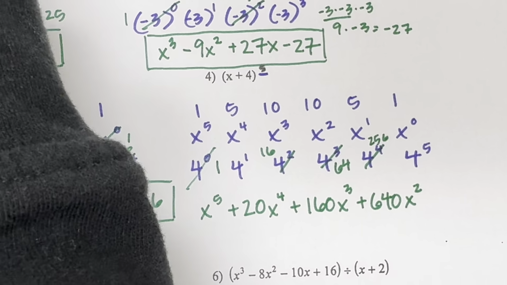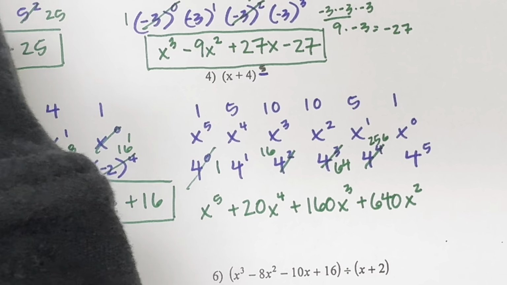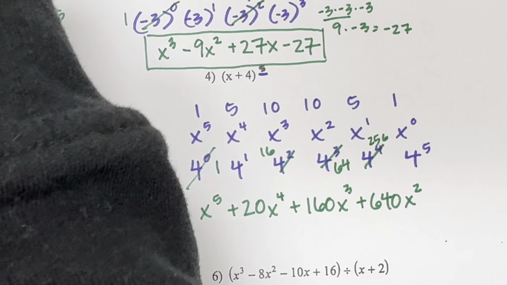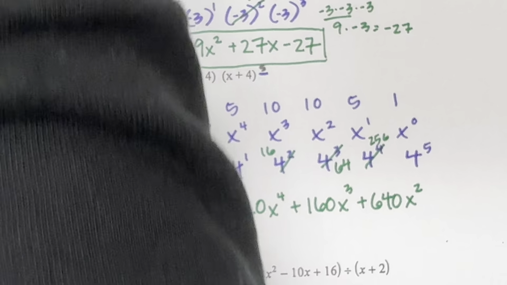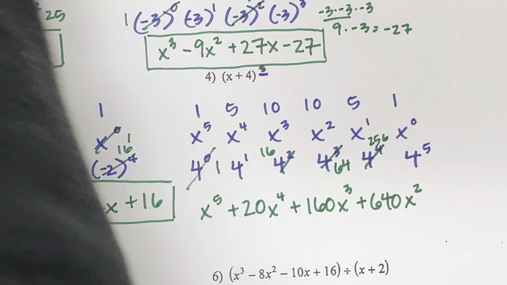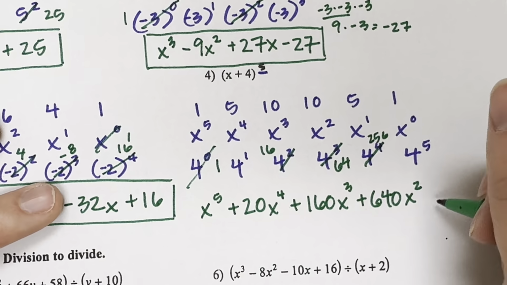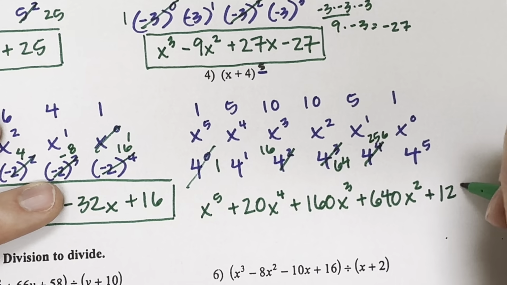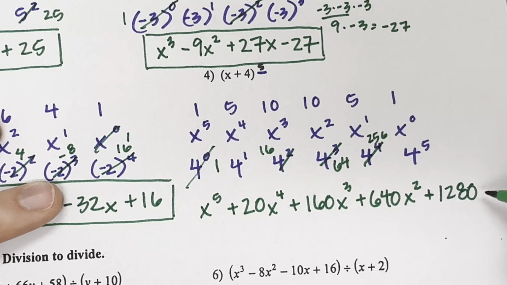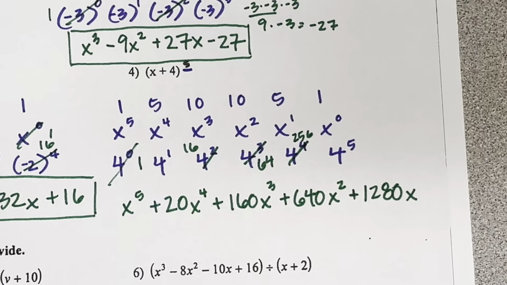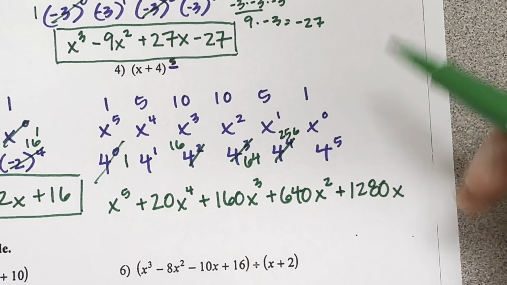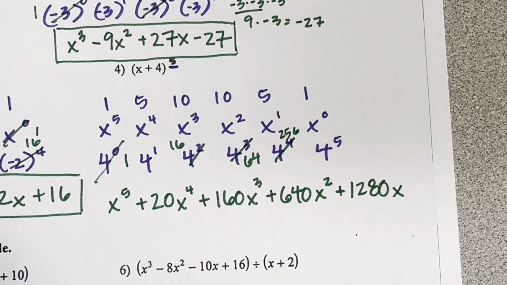So I take 256 times 5, which I'm just doing on my computer right here. That is going to give me positive 1,280 with 1x attached.